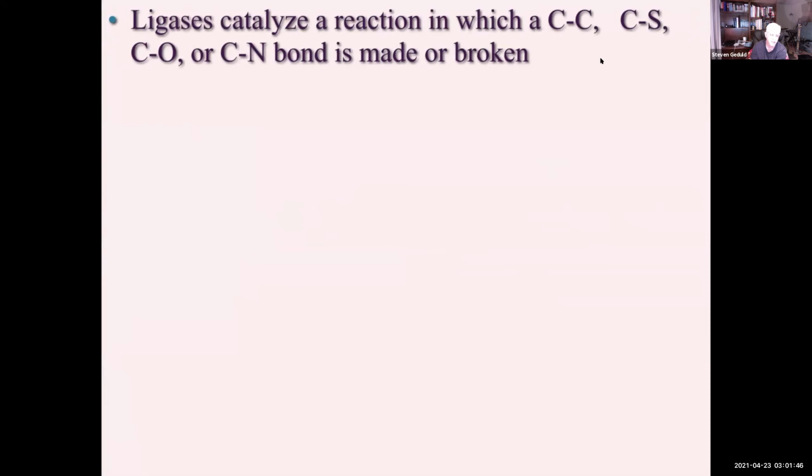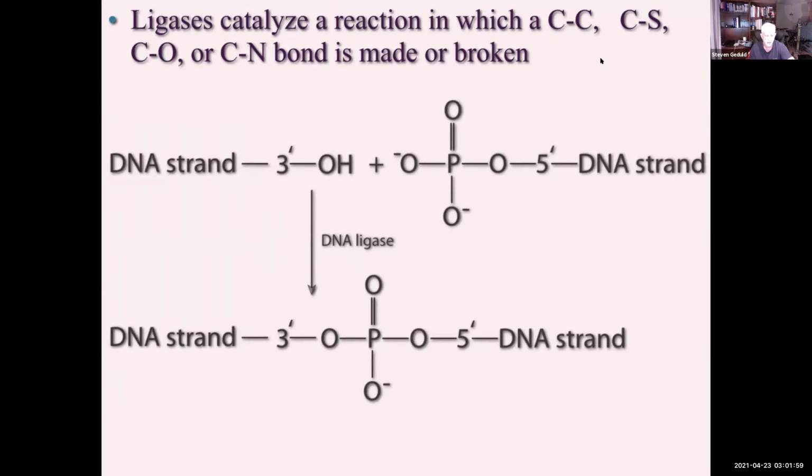Okay. Ligases. Ligases catalyze reactions in which a carbon-carbon single bond, carbon-sulfur single bond, carbon-oxygen single bond, or carbon-nitrogen single bond is either made or broken. Those are your ligases. And this is a DNA strand. We'll learn the different orders of DNA in a little bit, but a strand that ends in OH, and then you take a phosphate group.